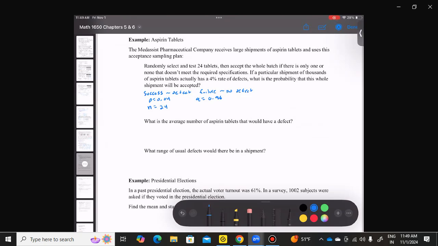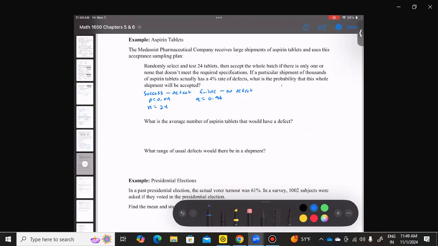Alright, so first, let's look at the mean. Mean is equal to n times p. So this is 20. Actually, let's look at how many are actually defective in the total. That's what I wanted to find first.